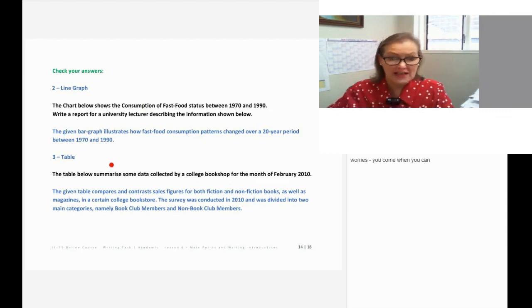And for my table, they give us, the table below summarizes some data collected by the college workshop for the month of February 2010.